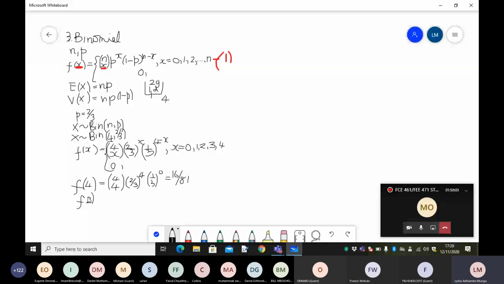If we get 2 successes, it means that we have 2 successes and 2 failures. So that is 4 choose 2, 2/3 raised to power 2, the 2 successes, and 1/3 will also be raised to power 2.